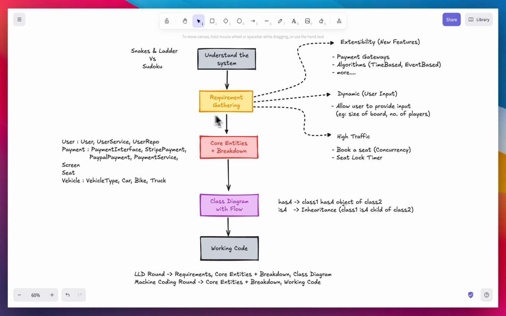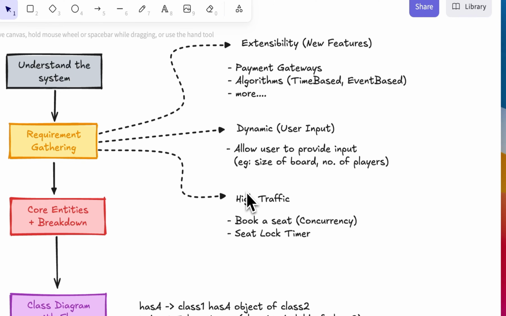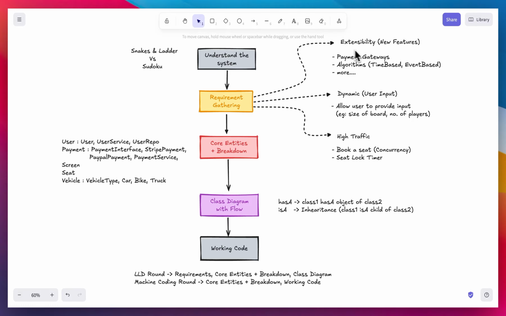And what I've done is, in order to simplify this requirement gathering step, I have categorized that requirement gathering into three categories: extensibility, dynamic, and high traffic. So all the requirements related to extensibility will go into this category.